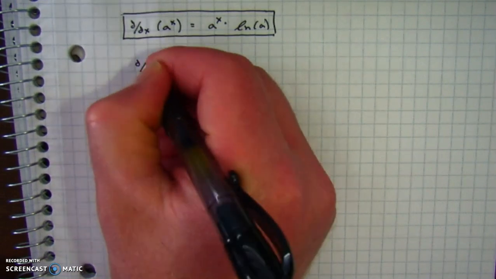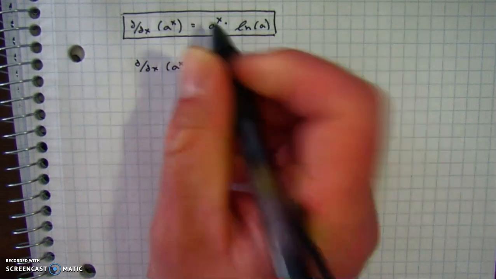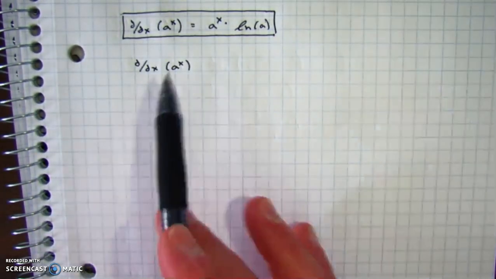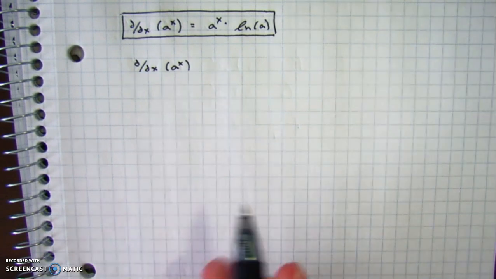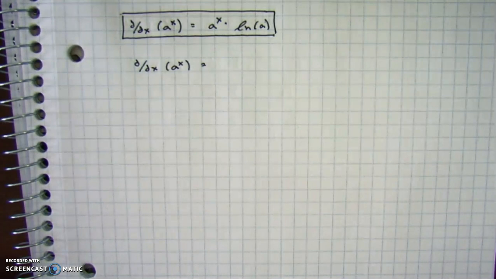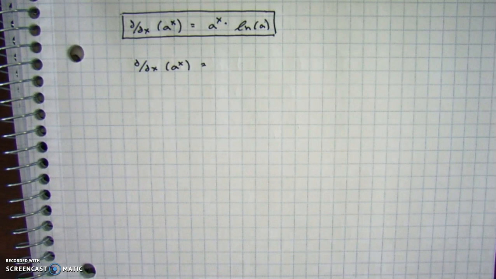All right, so here we go. Starting on the left-hand side, we're going to take the derivative of a to the power of x. Now, if you remember in the chapter, there are some seemingly random properties and identities. If you were reading through and thought, why did he include that, it's probably because it was relevant to one of these proofs.